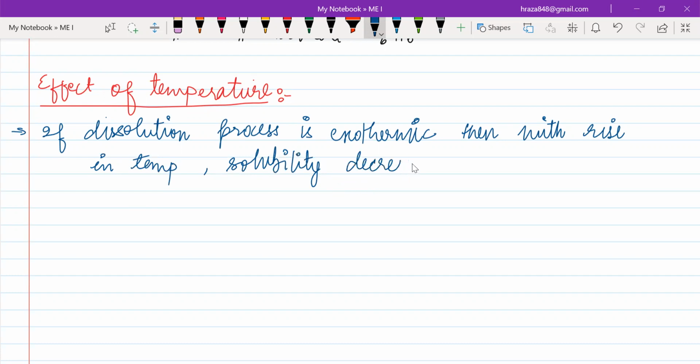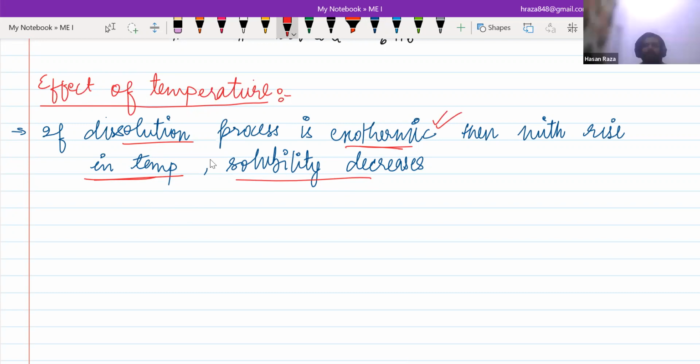That's why it releases it. If you dissolve a solute in a solvent in an exothermic process, and you increase the temperature, which is not in favor of dissolution, that's why the solubility decreases.